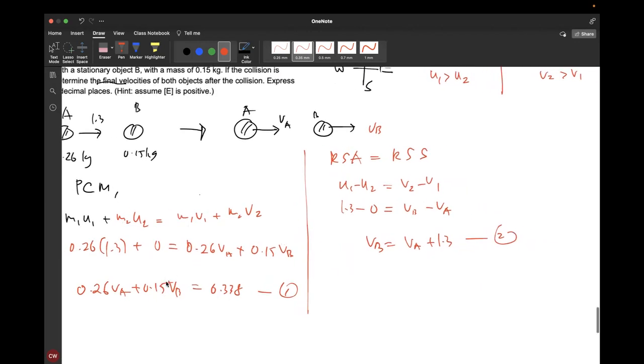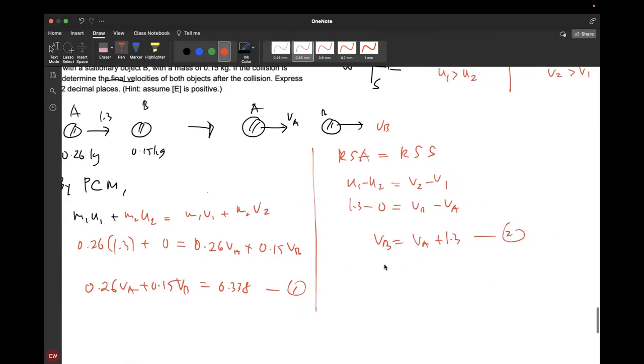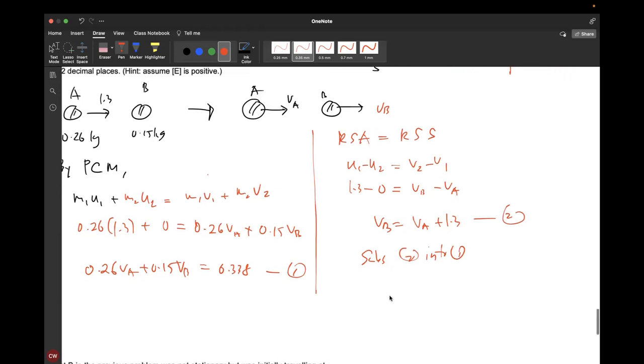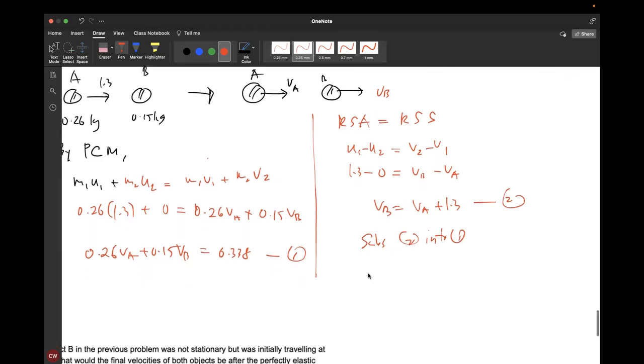So you need to substitute into here to get the values of A and B. So 0.26 VA plus 0.15 times (VA plus 1.3) is equal to 0.338.